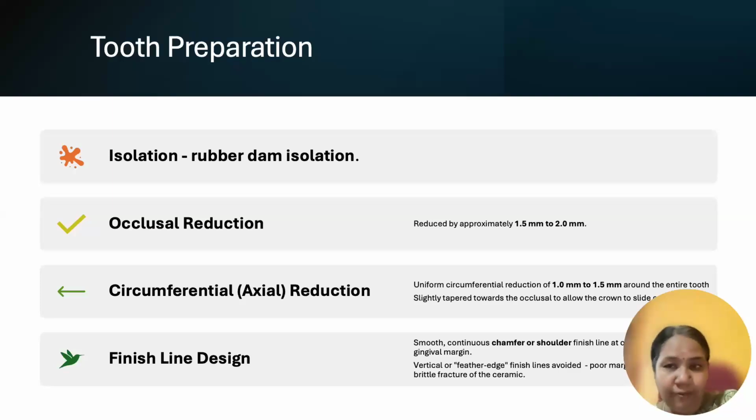So remember, very grossly, these are the three things that we should remember. Occlusal reduction of up to 1.5 to 2 millimeters, circumferential reduction of about 1 to 1.5 millimeters, and a finish line which is a little subgingival, which is either chamfer or shoulder.